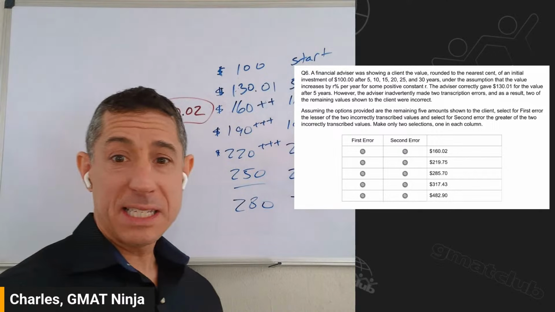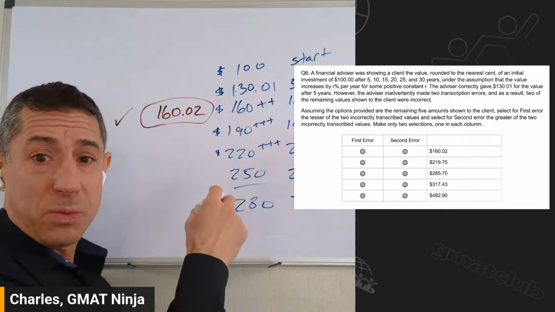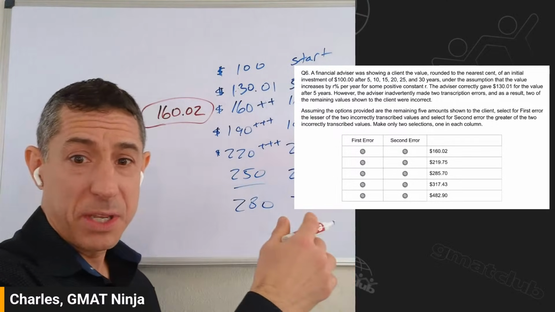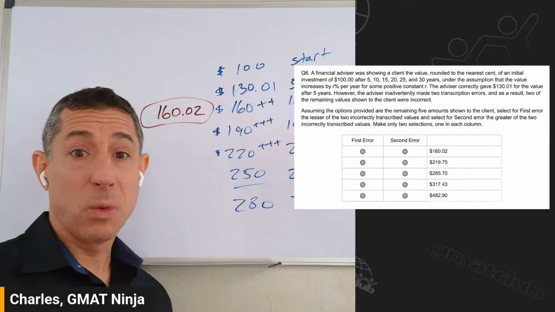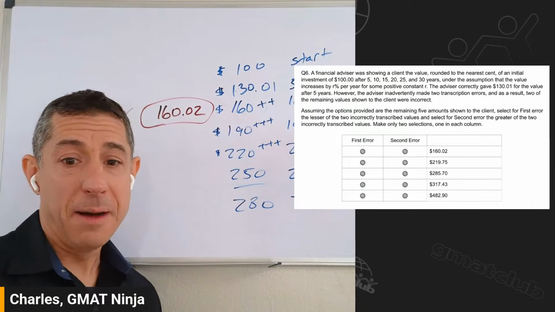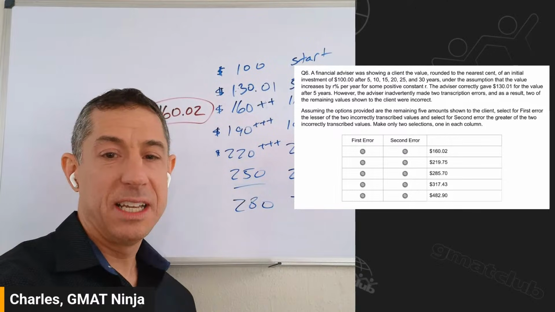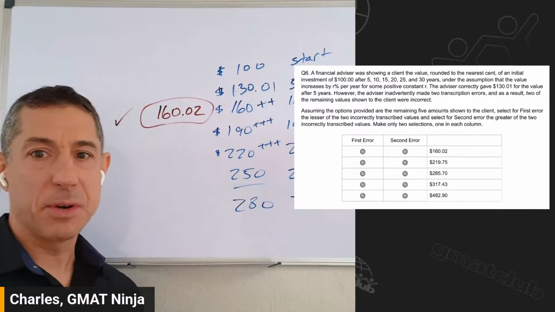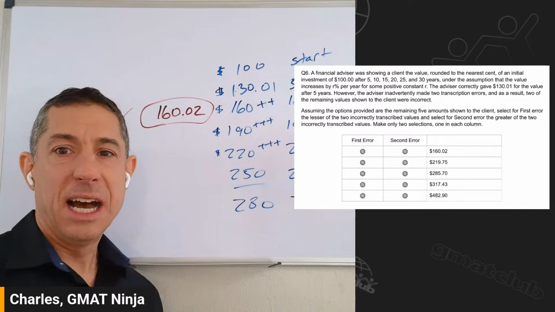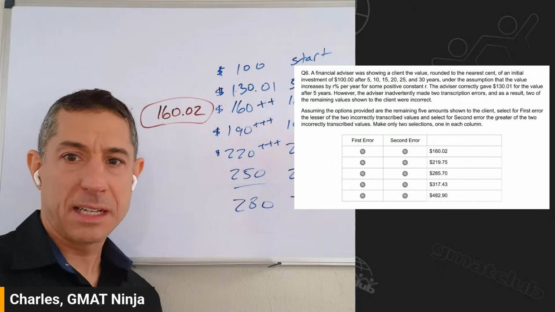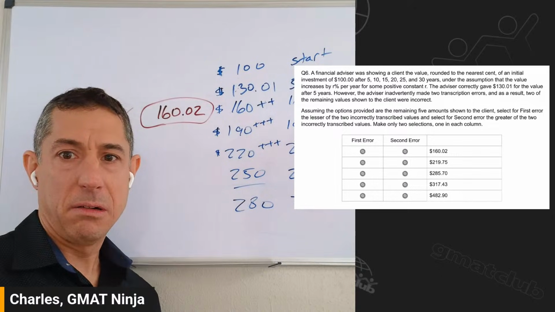Now, as you look at the rest of these, they're going to start going up, but you get some numbers that are totally wildly out of line here. And that's where the magic is on this question, recognizing that some of these numbers just don't make any sense. I'm sorry, I'm having a little technical glitch here. Okay.